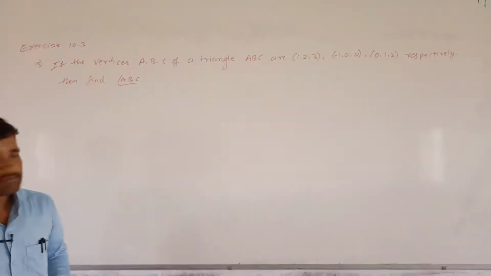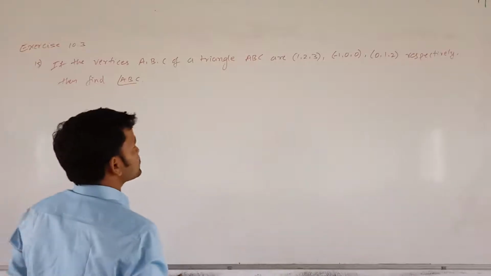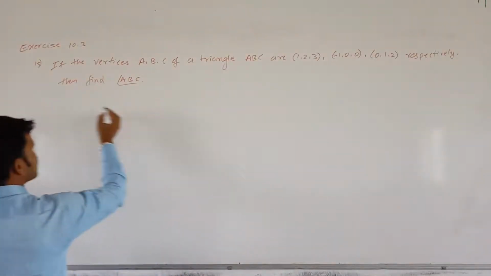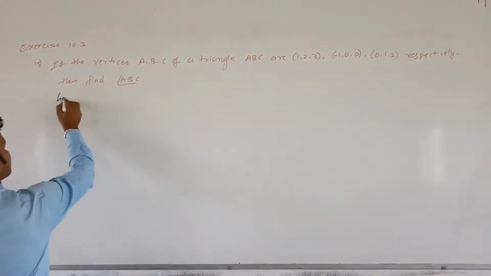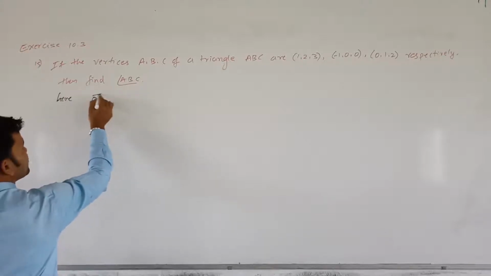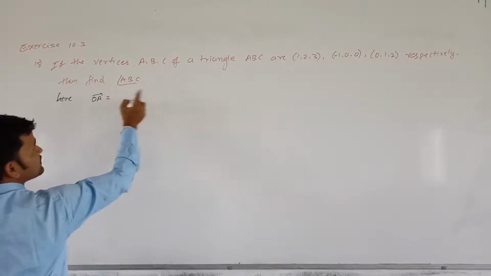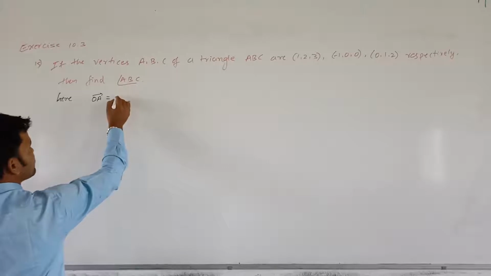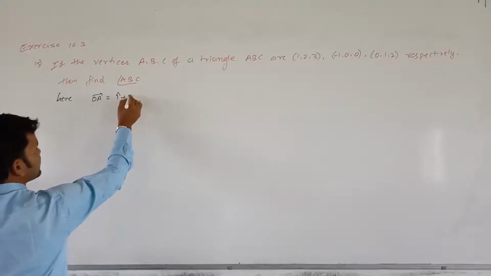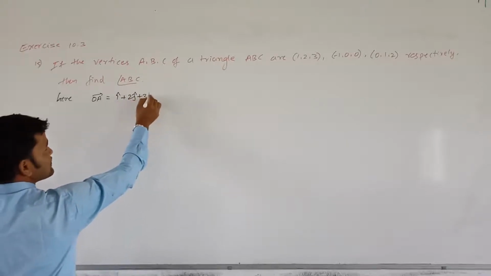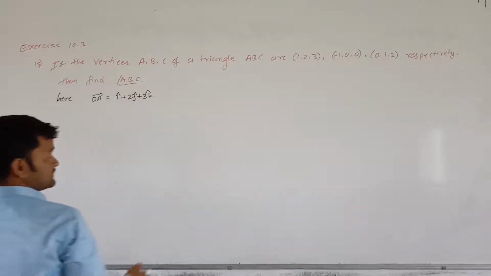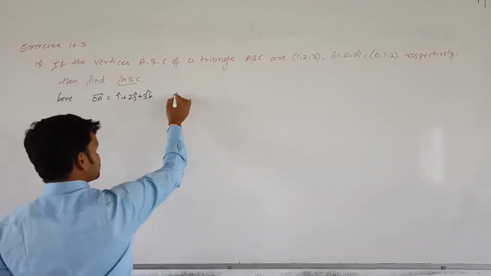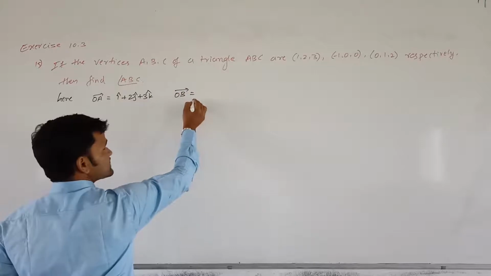Okay. Whatever the points are given, using those points, let us write the position vectors. Here, vector OA is equal to 1, 2, 3 are the scalar components over there. It will be 1i plus 2j plus 3k. Then position vector of the point B is OB.